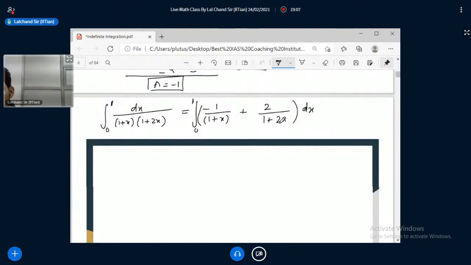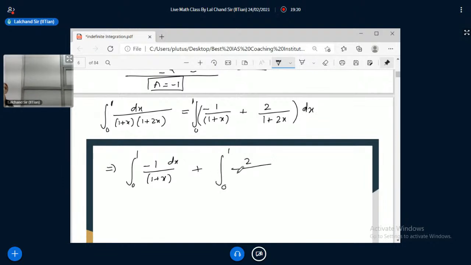Now if I distribute this integral, then we have integral 0 to 1 of minus 1 upon 1 plus x into dx, isn't it? Plus integral 0 to 1 of 2 upon 1 plus 2x into dx.